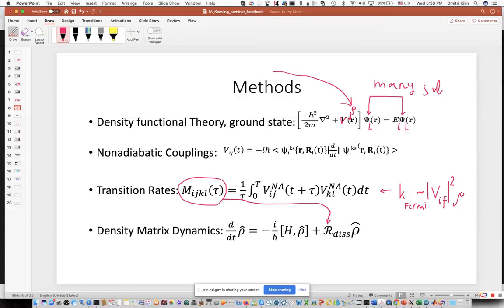And here I'm going to show a very simple equation that you probably know, but I want to bring it to your attention because it is very appropriate here.